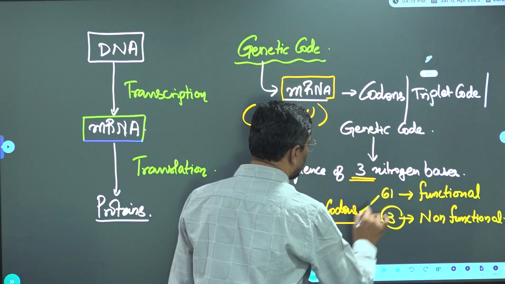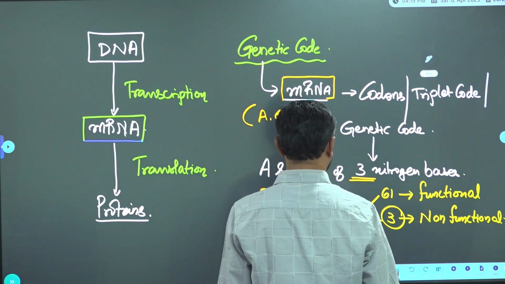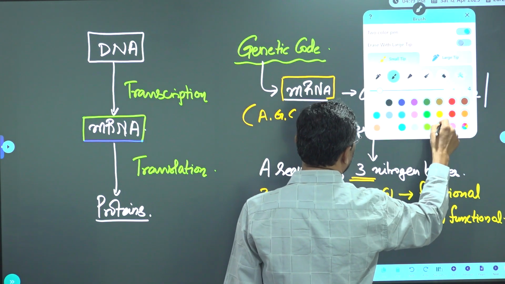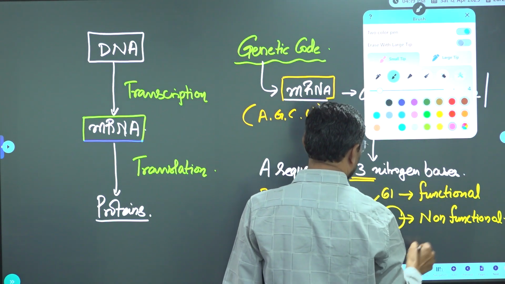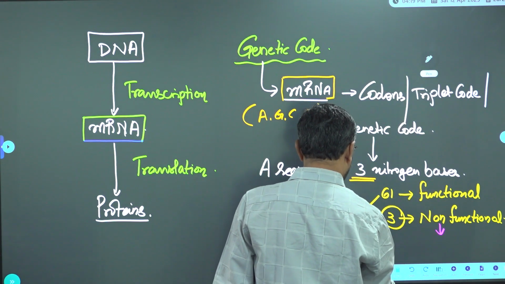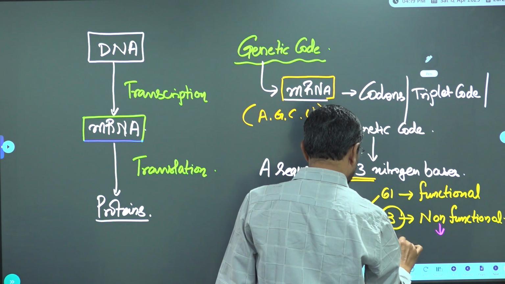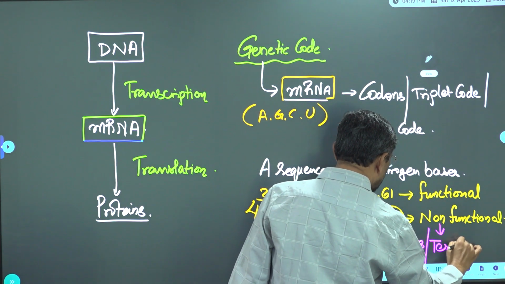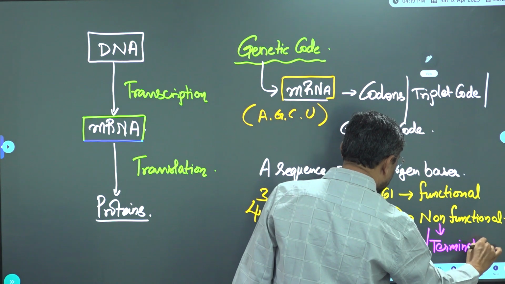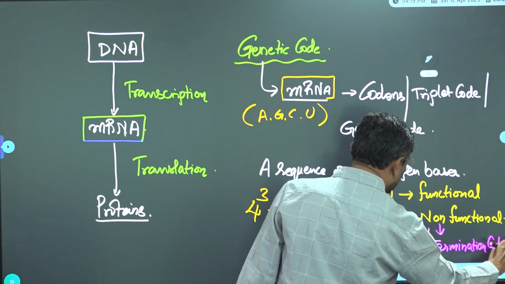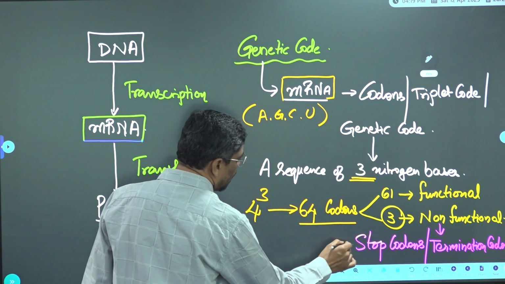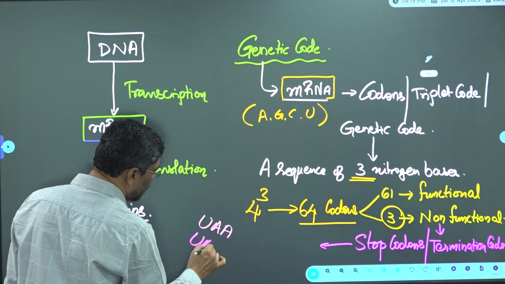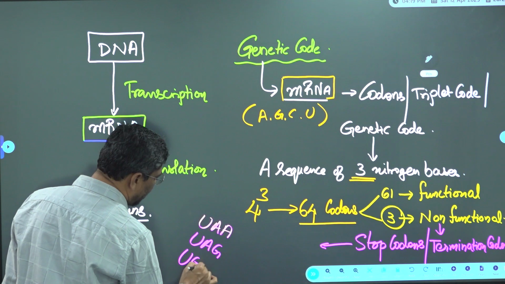These 3 codons are called stop codons, or they are also called termination codons. And these stop codons or termination codons include UAA, UAG and UGA. You have to add this one.